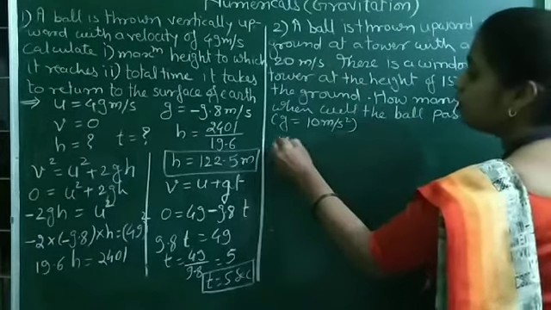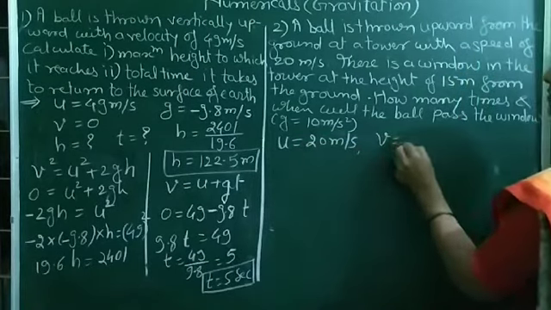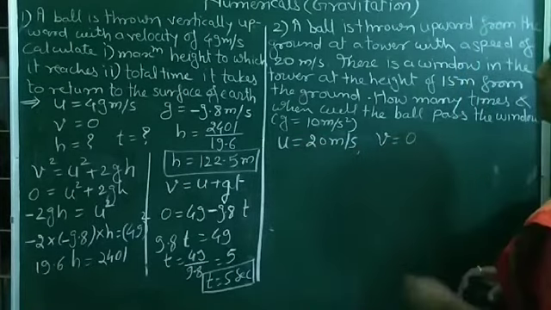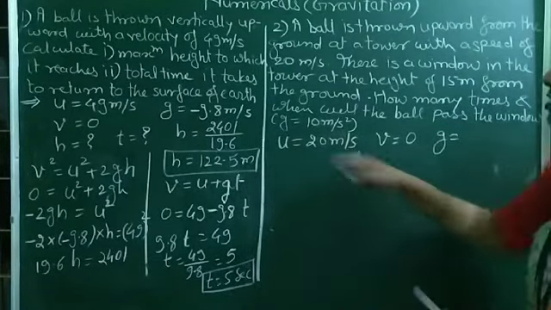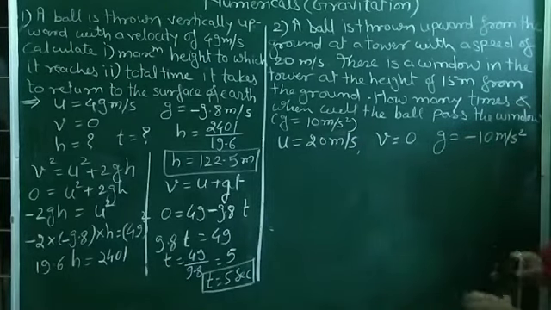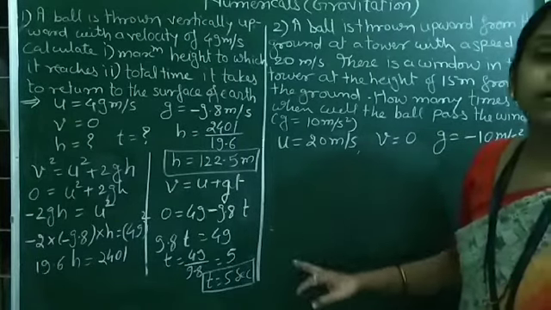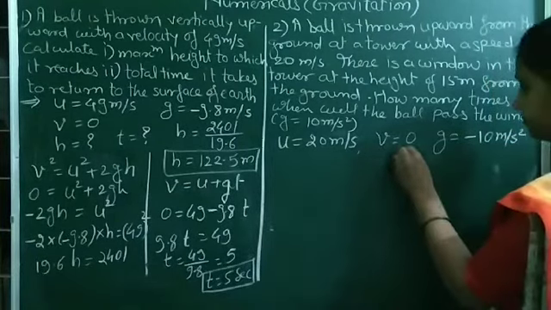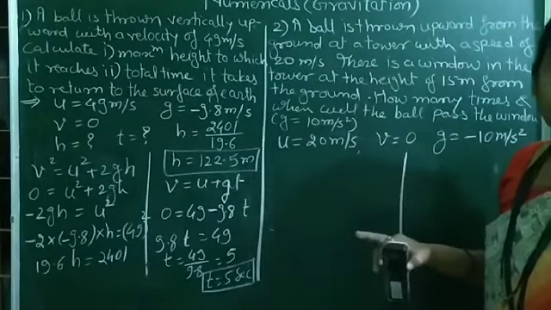Here u is 20 meters per second and v, the final velocity, will be 0. Now g is 10 meters per second square, but as the object is thrown in an upward direction, our g is negative, so minus 10 meters per second square. Now we are using the regular equations of motion. First we have to find the height attained by the object.